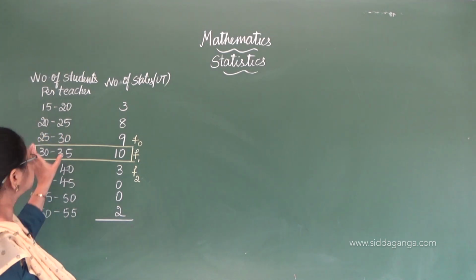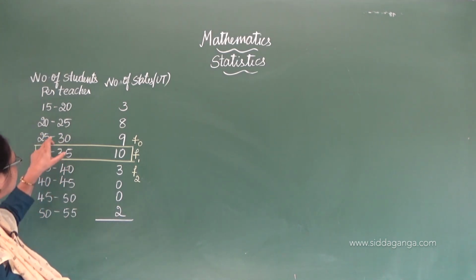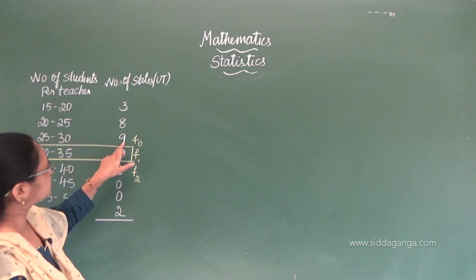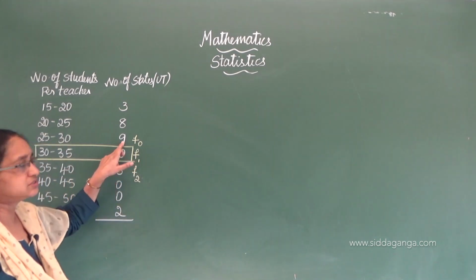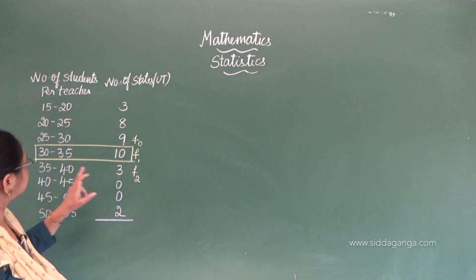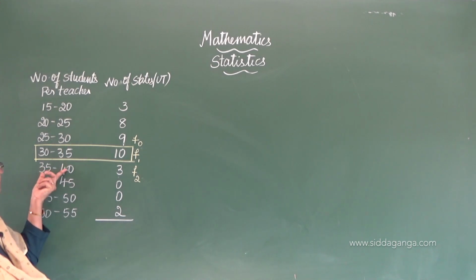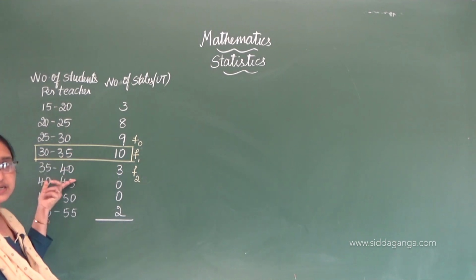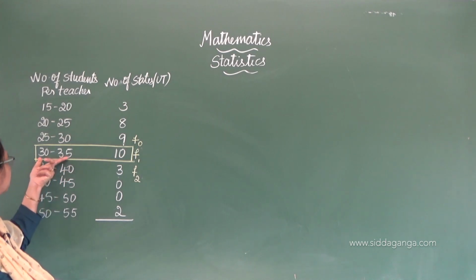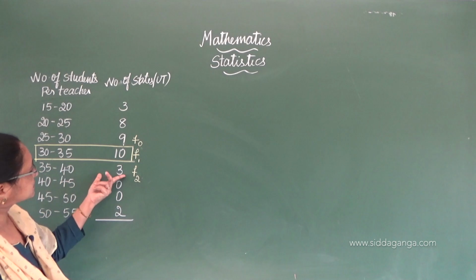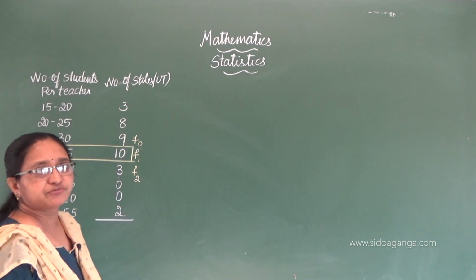The class preceding the modal class is 25 to 30, and the corresponding frequency is 9. This will be our F0. The class succeeding the modal class is 35 to 40, and the corresponding frequency is 3. So this will be F2.